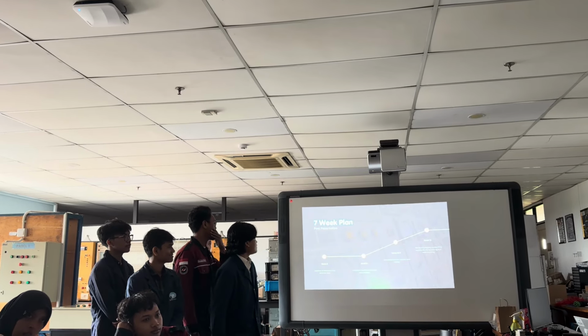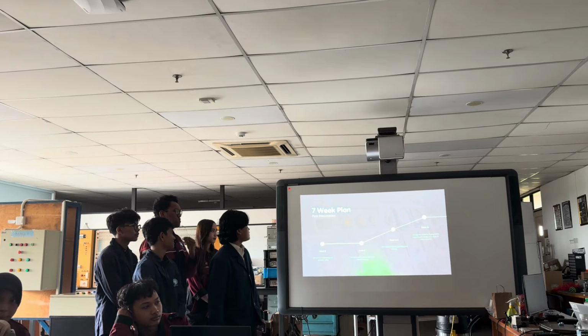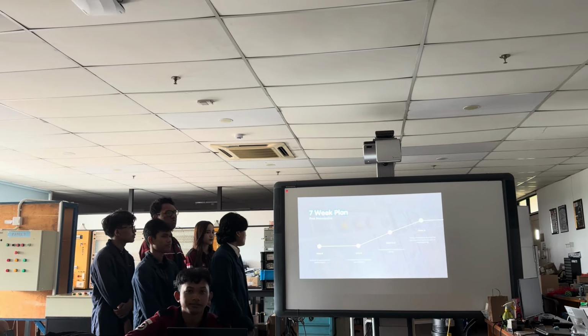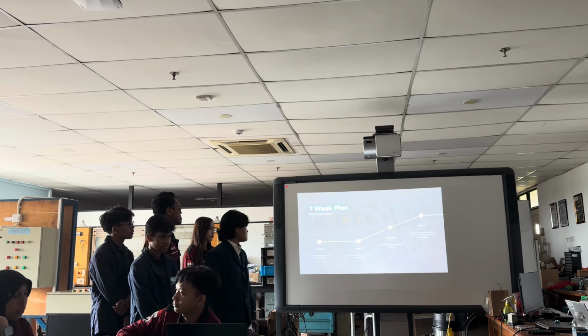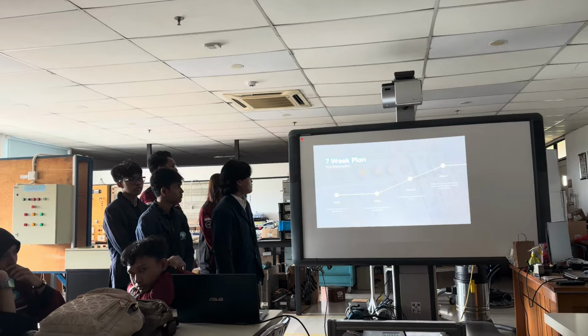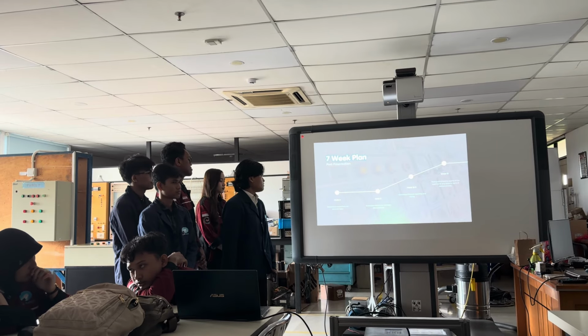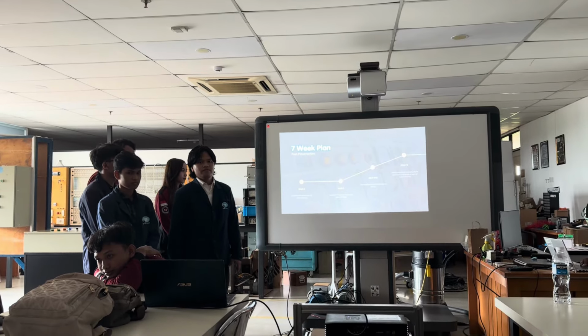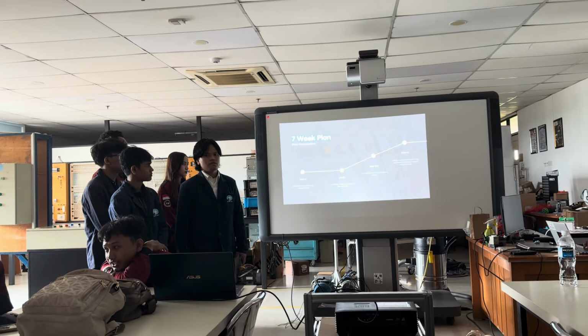In this slide I will explain our plan for the next 7 weeks. For the first upcoming week, week 8, we will gather all mechanical and electrical parts needed for this project. In week 9, we will complete the mechanical assembly, especially for the box and the machine base.